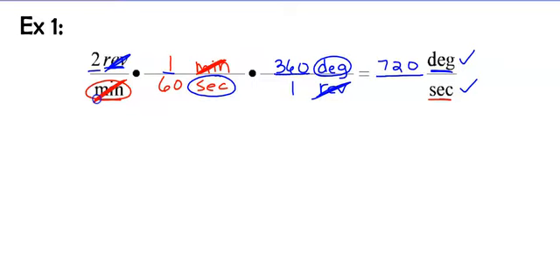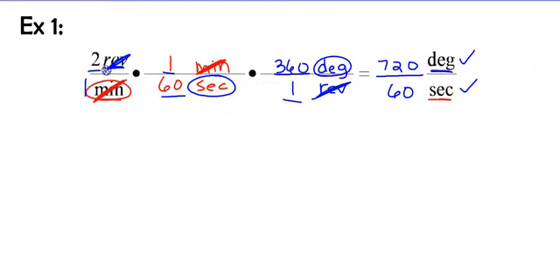And on bottom, we have nothing, or just 1, and then we have 60 times 1. So we just have 60 on the bottom. So we have 720 degrees over 60 seconds. Now that's kind of weird. I would rather not have a fraction that looks like that. So we should grab our calculator and let's see if we get a nice answer to begin with.